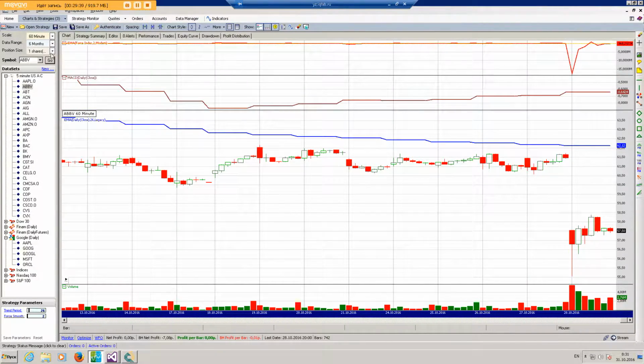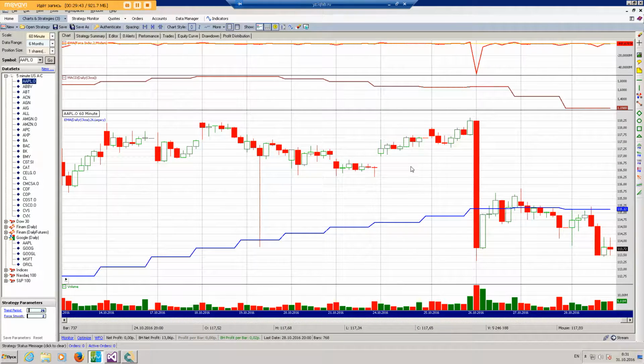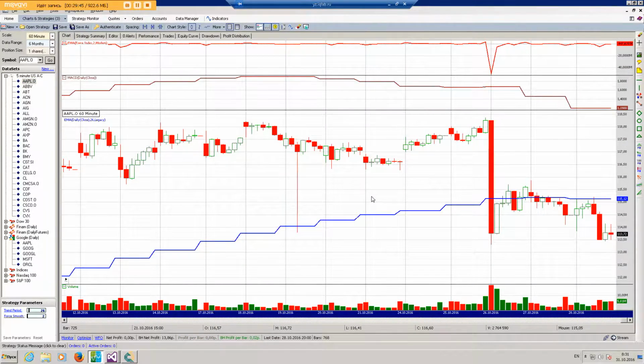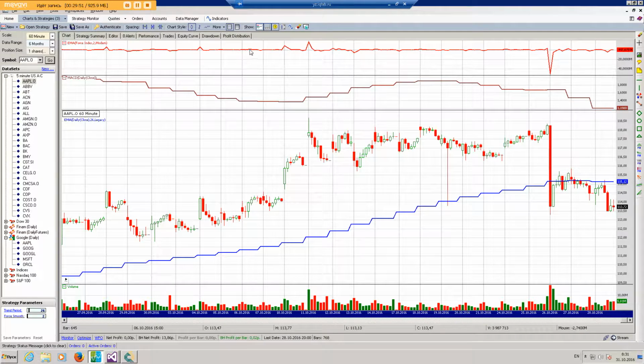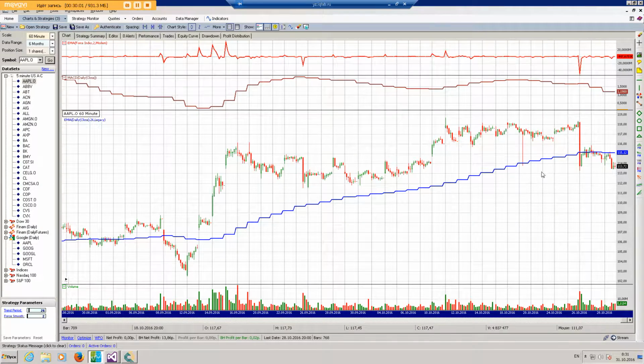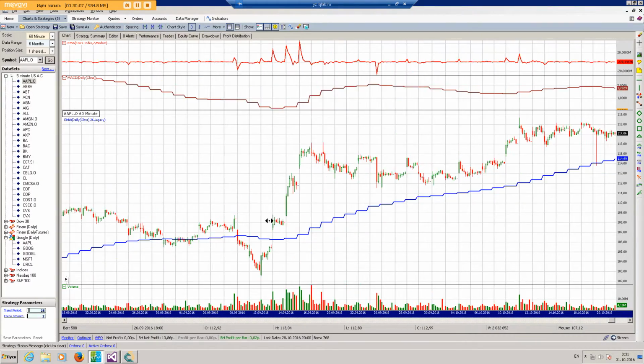If we exclude this, let's look for some other symbol. Yeah, well, at least you can read it. Okay, so you can see it goes above 0 and below 0 and so on. And you can see this might be a chance to enter.